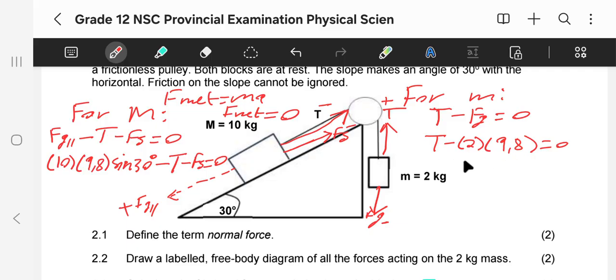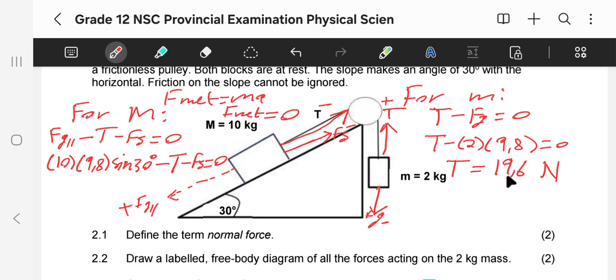Then this one will be transposed to the other side. I'll have T is equal to 2 times 9,8, and when I take it to the other side, it's going to be a positive 19,6 newtons. So this is my tension force.